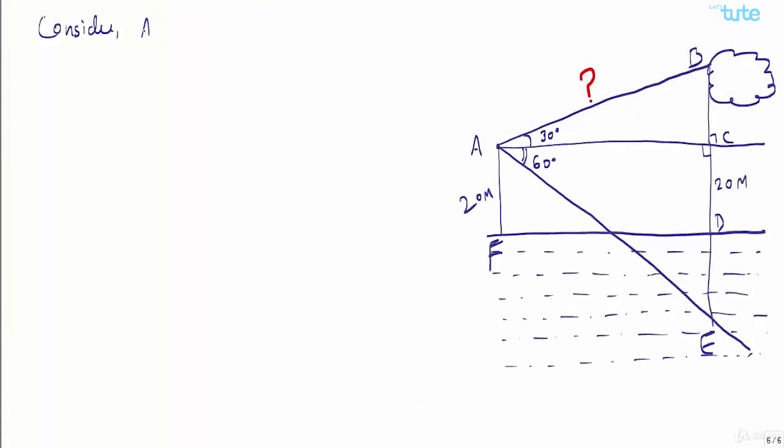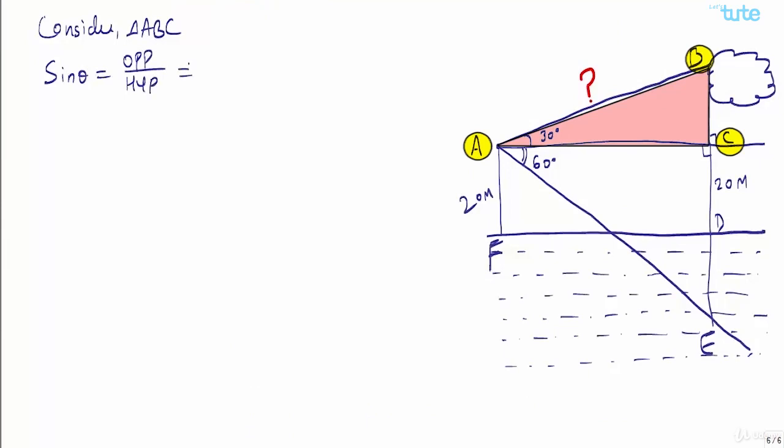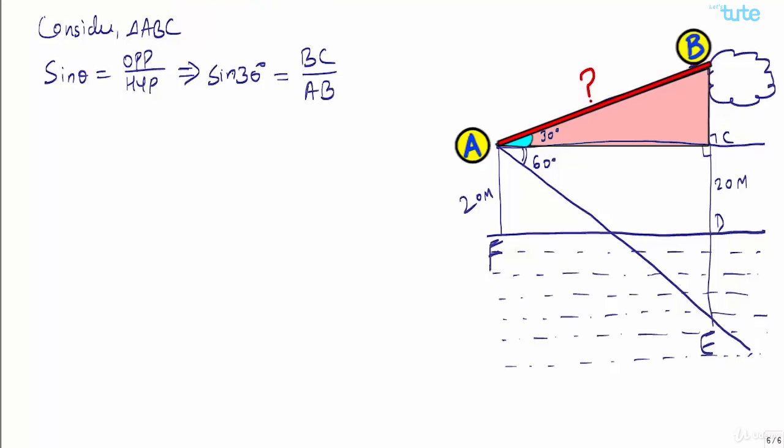Therefore consider the right angle triangle ABC, and we know sine theta is equal to the ratio of opposite side to the hypotenuse, which implies that sine 30 degrees, because the angle theta is 30, opposite side is BC, upon the hypotenuse AB.